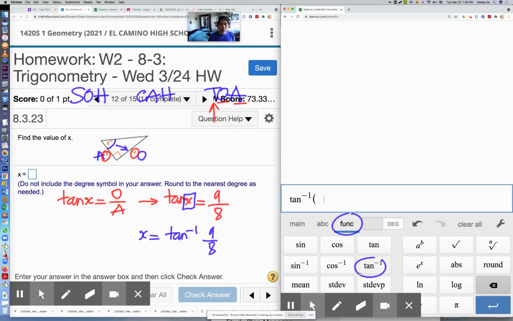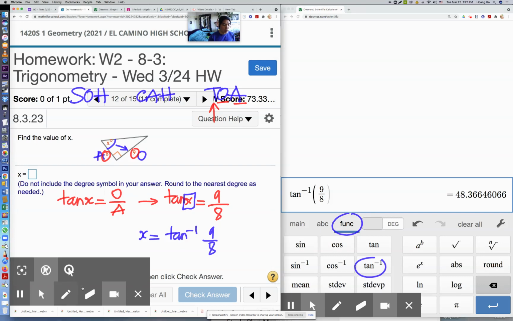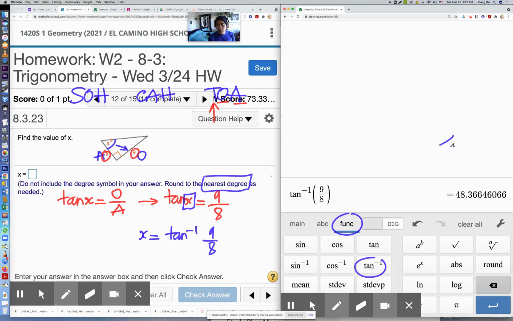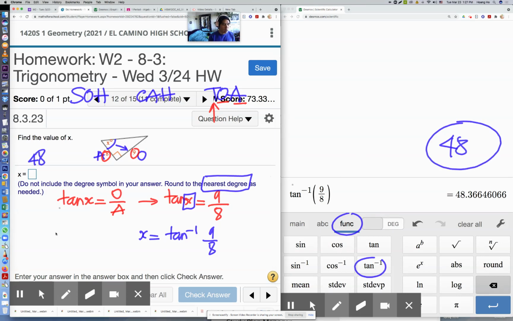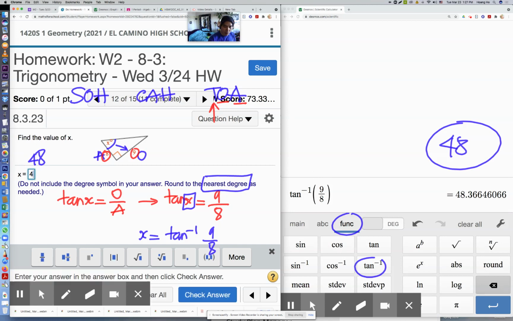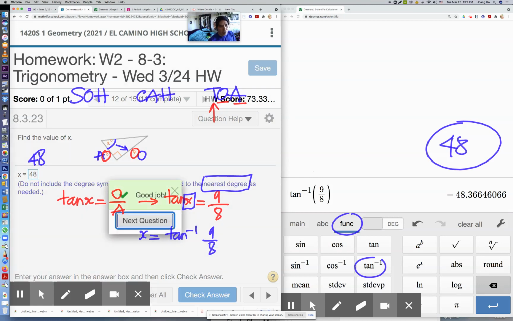So I click on inverse tangent 9 over 8. The answer does not include the degree symbol. Round to the nearest degree. So over here, the answer is 48. So I put 48 in the box and then I'm done. 48, voila.